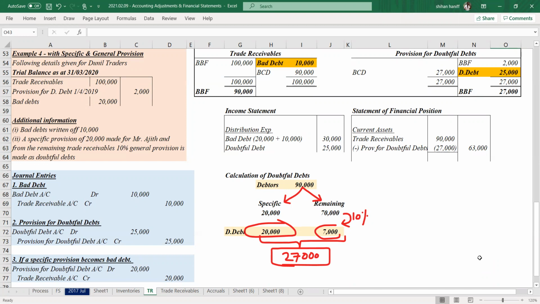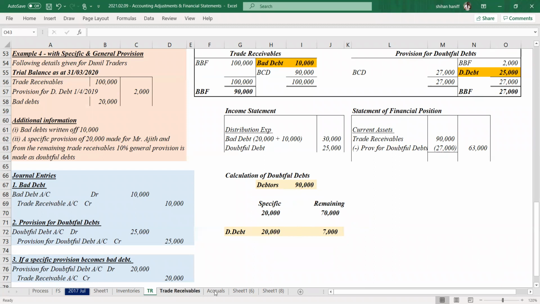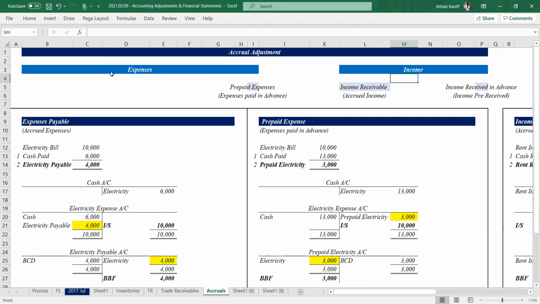So on the inventories, I did the closing stock adjustment, cost and NRV, taking the cost and net realizable value. Then we did the debtors adjustment, the trade receivable adjustments, bad debt, provision for doubtful debt. So under doubtful debt, under provision, over provision, specific and general provisions. Right. So in the next class, I will explain the accruals, expenses and income.